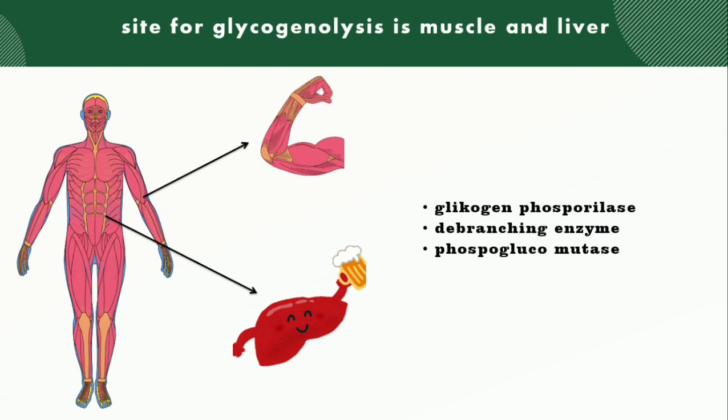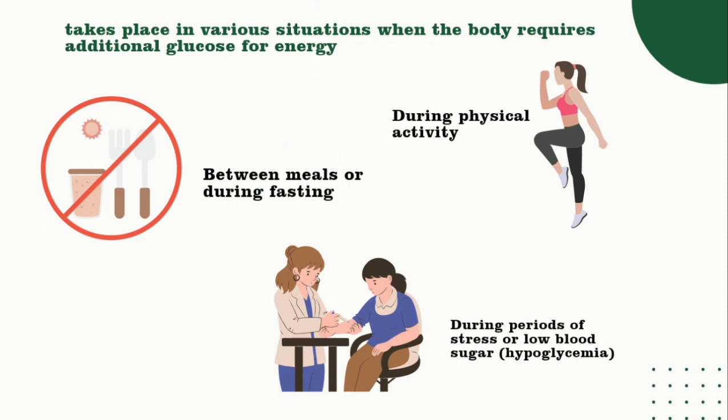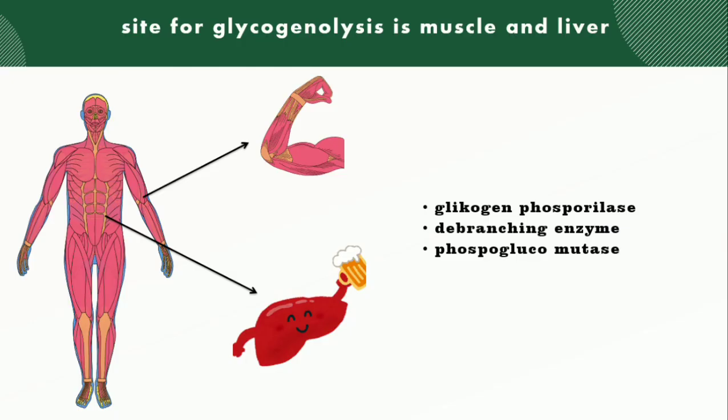Also the substrate, mainly glycogen, which is broken down into glucose, is actually stored in our liver and our muscle. So that is why they are the primary sites of glycogenolysis.